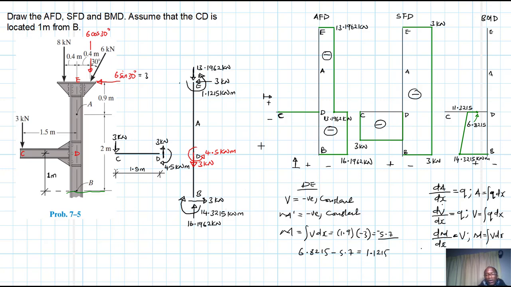6.8215 minus 5.7 gives us 1.1215. Okay, and again you see a linear function, because our shear is constant, therefore moment will be linear, or a polynomial of degree 1.